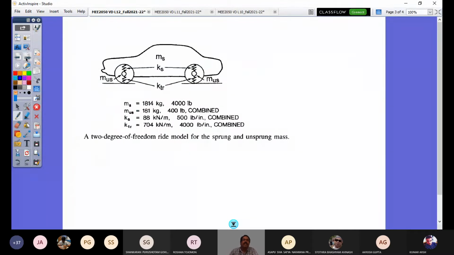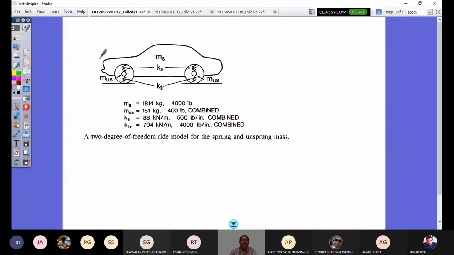You see here, this is the example passenger car, a sedan class car we will take. Like we have looked at, this has a sprung mass. Another is the unsprung mass, the tire wheel assembly mass. And here Ks is the stiffness of the suspension spring, and Ktr is the equivalent tire stiffness.